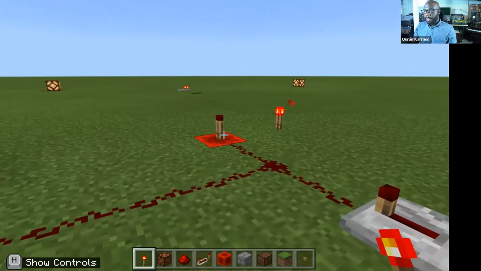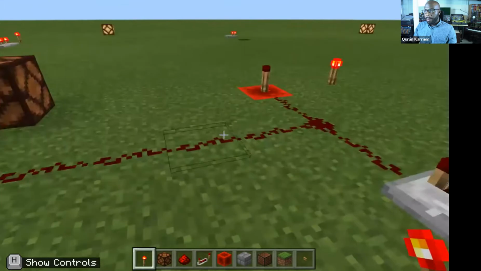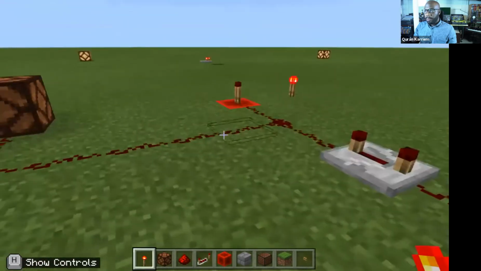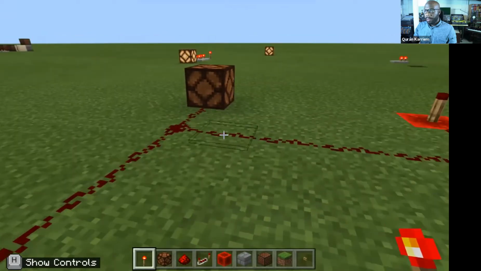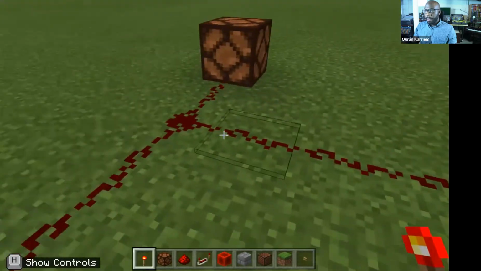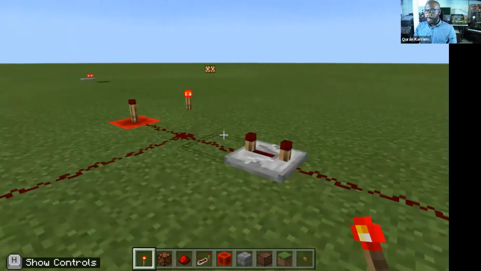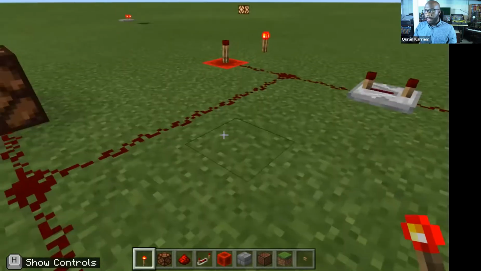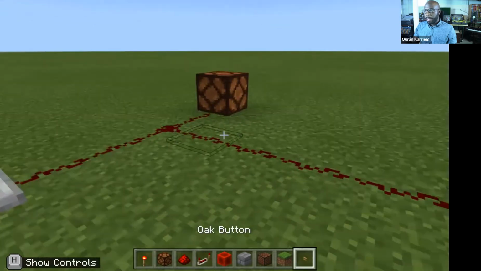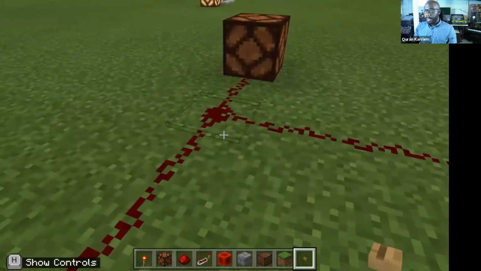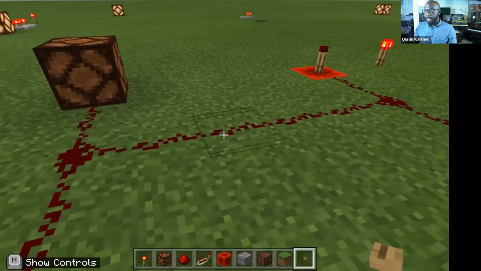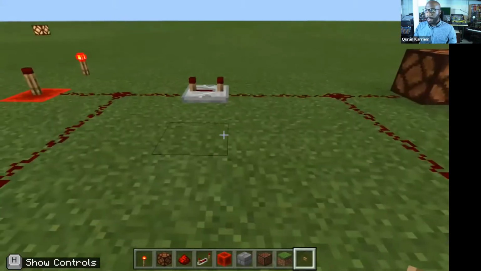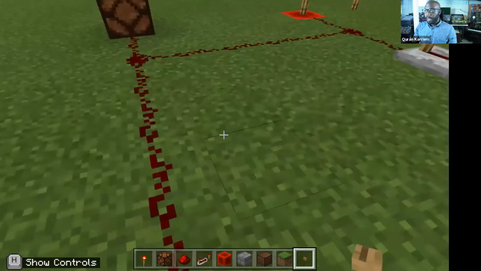After I do this pulse, it's going to stop around there. So, I could put another repeater here or anywhere before to extend the range, so that the output of this repeater hits another repeater, and it's able to get back around the circuit to keep this thing going.